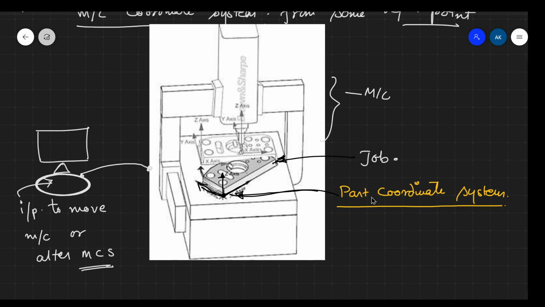So your part coordinate system has some responsibilities, and those responsibilities are very simple.